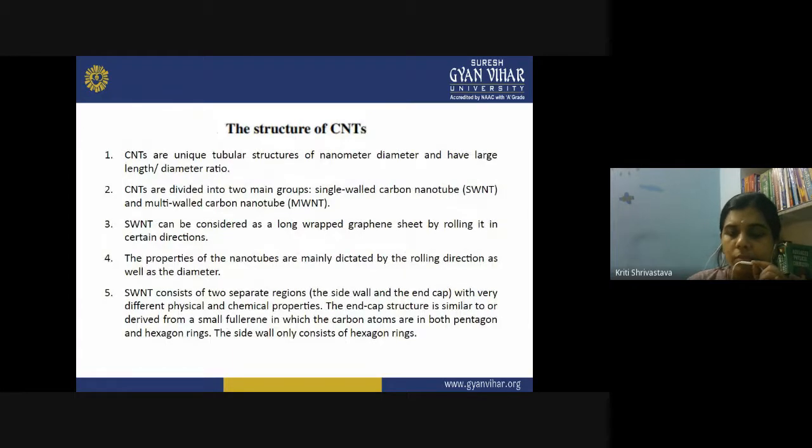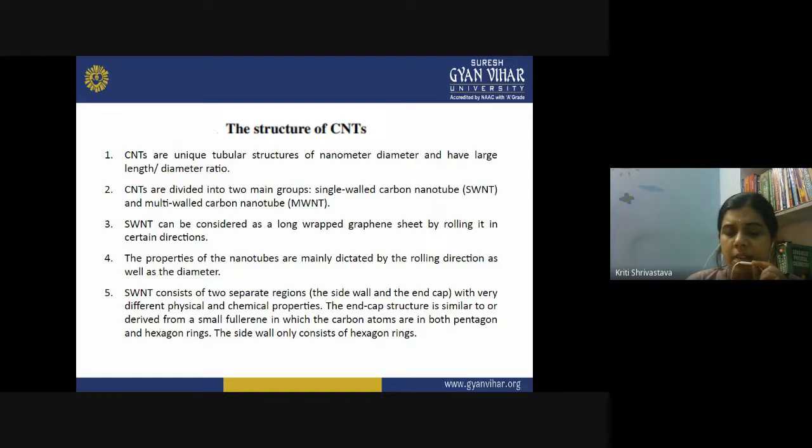So, let us first discuss the structure of carbon nanotubes. Carbon nanotubes have a unique tubular structure of nanometer diameter. All nanomaterials have at least one dimension in the nanoscale.